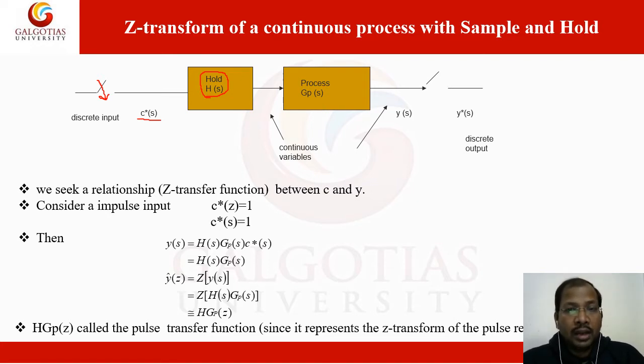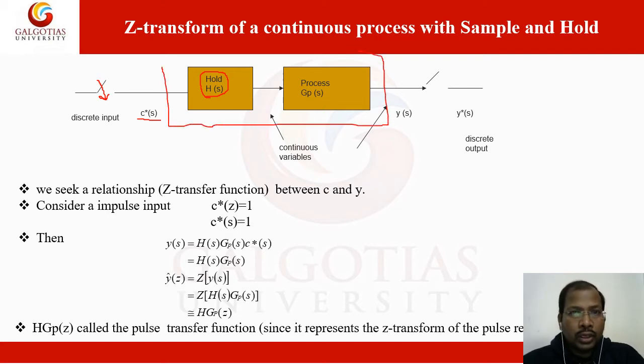The continuous output of this circuit goes to the process, and we get the output Y of S. This is also a continuous signal. Then we can apply the sampling theorem and convert it into discrete form. So we are going to combine this complete process.